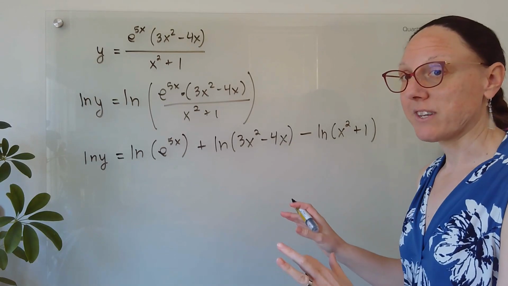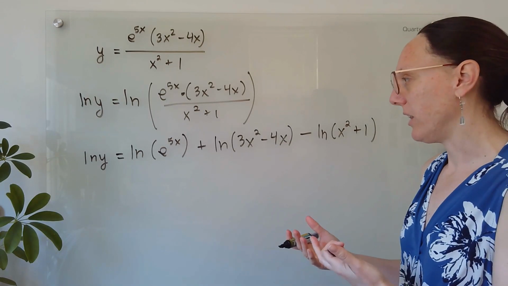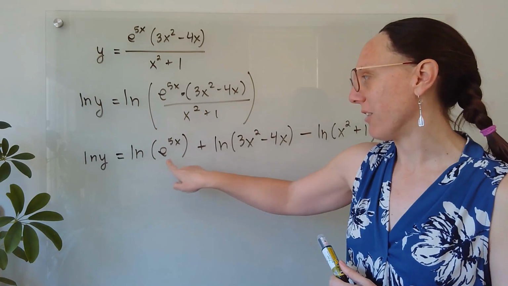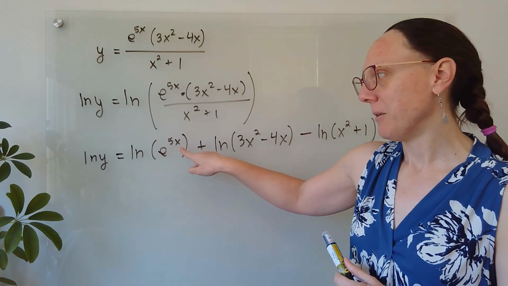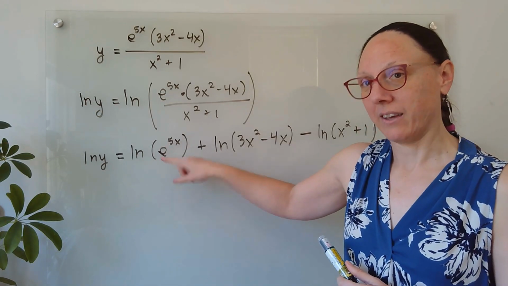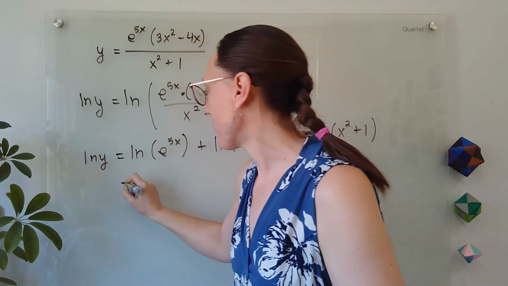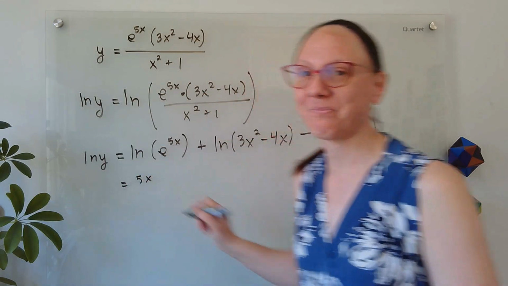I'm going to pause for a second and see if there's anything else that we can clean up, and conveniently there is right here, because the natural log of e to the 5x, since natural log and e to the x are inverse functions, simplifies to just be 5x.